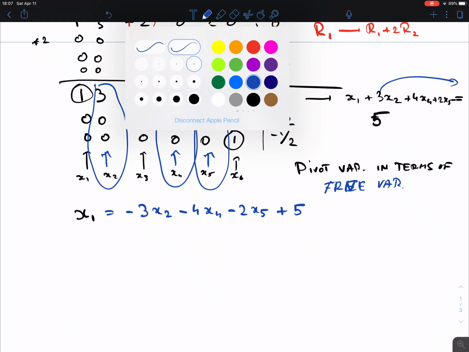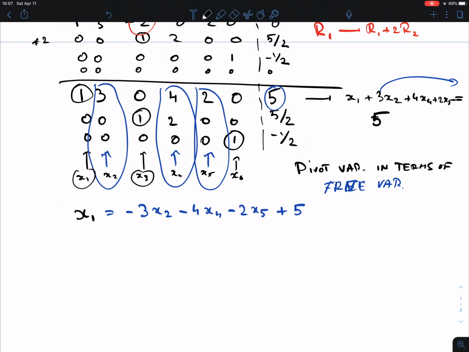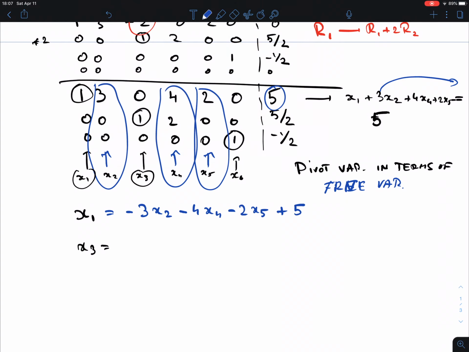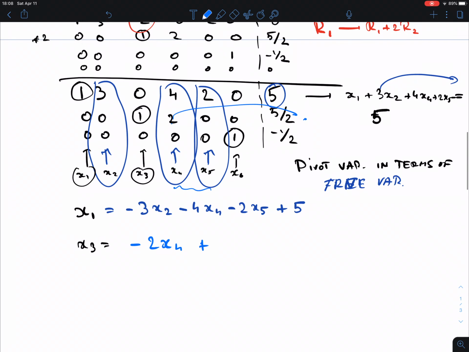What about the next pivot variable? So x3. Notice that x3 will involve only these two guys. In fact, in this particular case, it doesn't even involve one of them. So minus 2 times x4, bringing this 2 to the other side, right? The 0 doesn't matter, plus 5 halves.